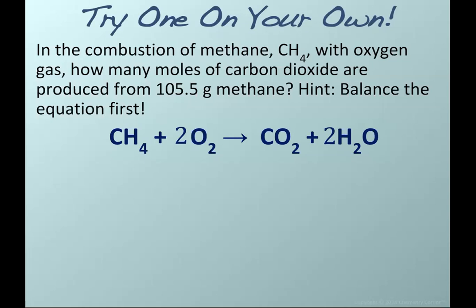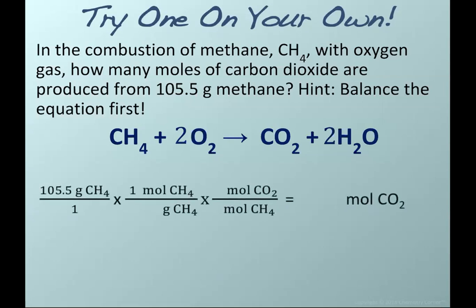105.5 grams of methane. You have to change that to moles. Then you're going to put moles of methane on the bottom. That's what we know. And what we're looking for are moles of carbon dioxide. That's what you're going to put on the top. You're going to cross these off. This number down here comes from the periodic table.